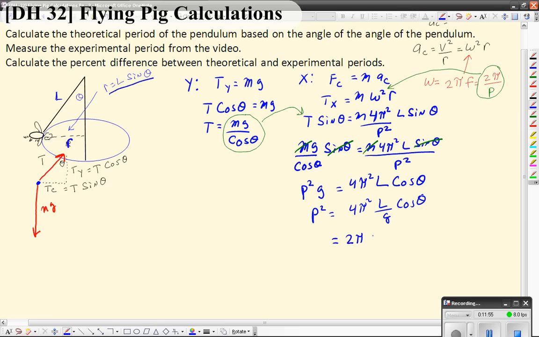So if you'll allow me, I'll take the square root of this and then the square root of that. The square root of 4 pi squared is 2 pi, and the square root of L over g cosine theta is the square root of L over g cosine of theta. So we've got now a theoretical expression for the period of the pendulum.